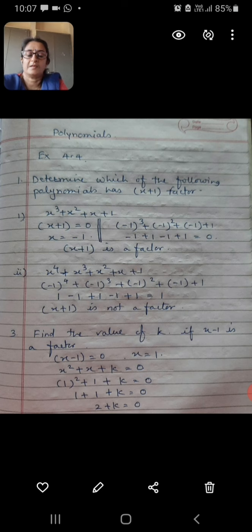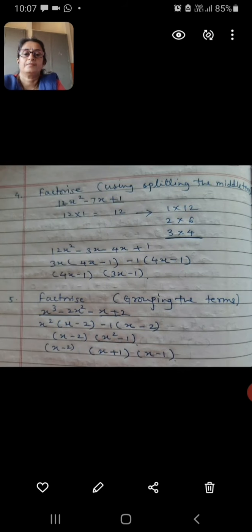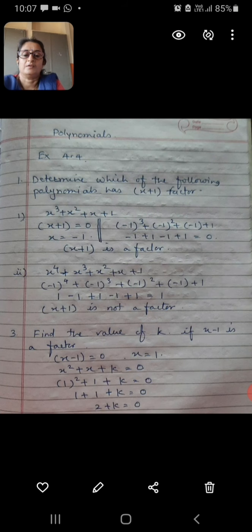So x minus 1 is equal to 0, so the x value we are going to take as 1. So we'll replace the x value in that given polynomial, x square, so 1 square plus 1 plus k is equal to 0. When you solve that, we'll get 2 plus k is equal to 0. So k's value is.